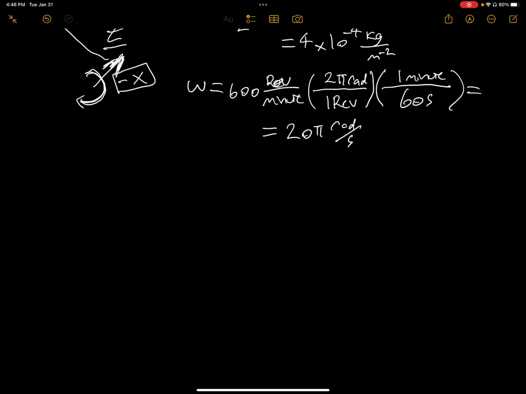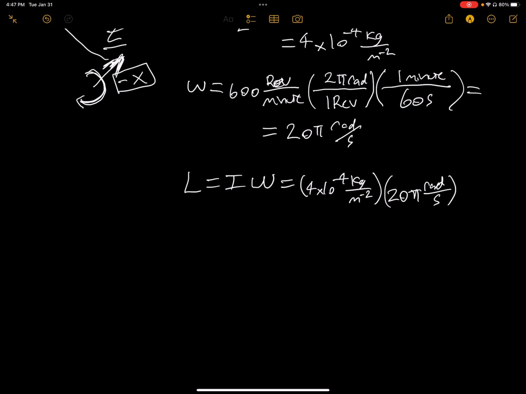This problem is pretty straightforward. Now we just have to multiply those two things that we just solved for. L equals moment of inertia times our angular velocity. So we get 4 times 10 to the negative fourth kilograms times meters squared, but I, for some reason, like writing it that way, multiplied by our angular velocity, which is 20 pi radians per second.